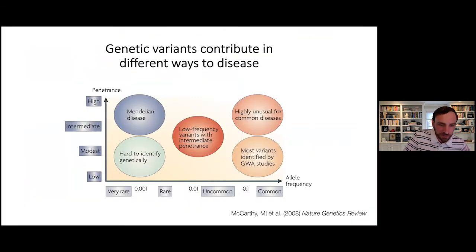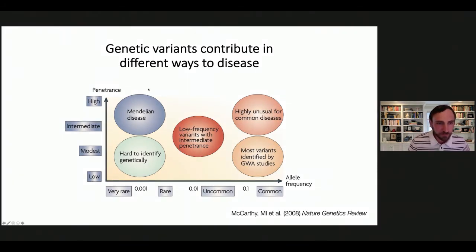This is a pretty well-known slide, but just to give you an idea of what we're talking about. I think everyone's aware that Mendelian disease sits with very rare variants, typically with pretty high effect size.